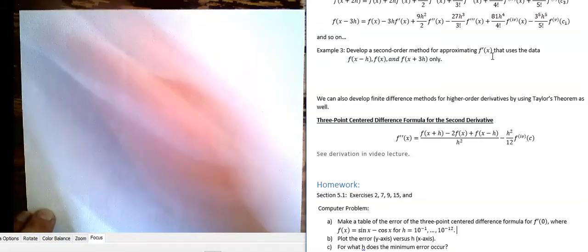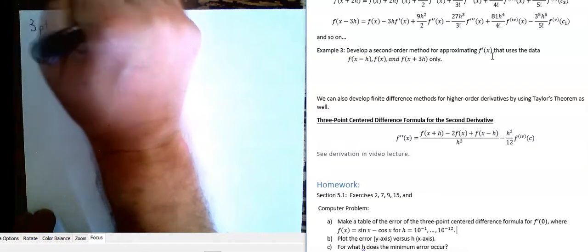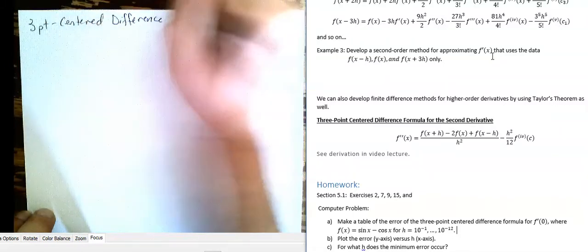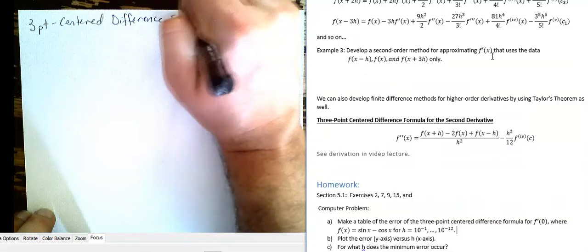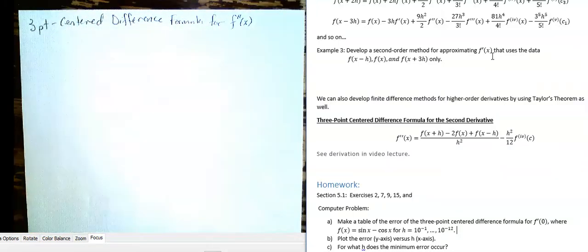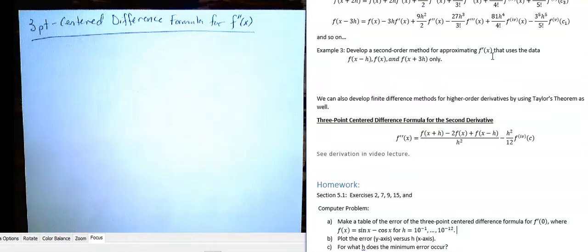So we want the 3-point centered difference formula for f double prime of x. Alright. So it looks like for our second derivative, here we have a 3-point centered difference formula.